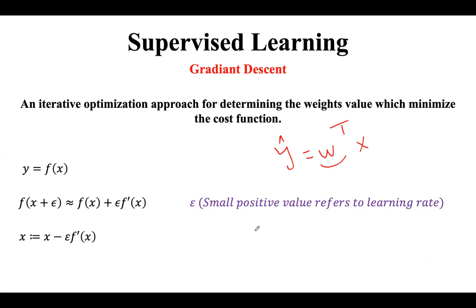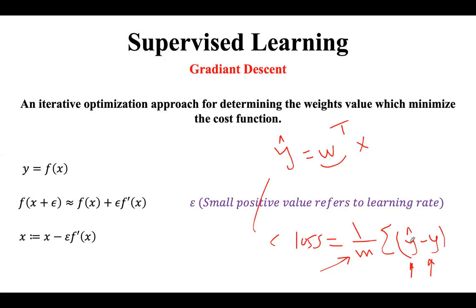And the cost function is defined as 1 over M, which is kind of getting the average over the examples. M is the number of examples in the data we have. And then Y hat, the output of the model, minus Y, the actual value of our data set, then squared. So it was a cost function which we were going to minimize, right?